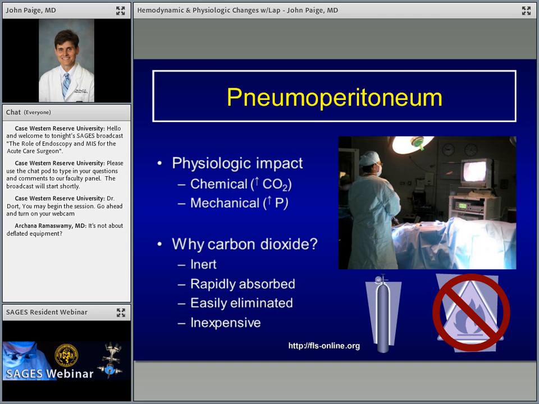And finally, you're going to have increased venous stasis in the lower extremities, so you have to be mindful that your DVT prophylaxis has to be thought about in these cases because of the increased intra-abdominal pressure leading to decreased blood flow from the lower extremities.